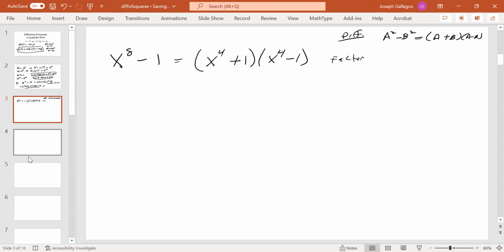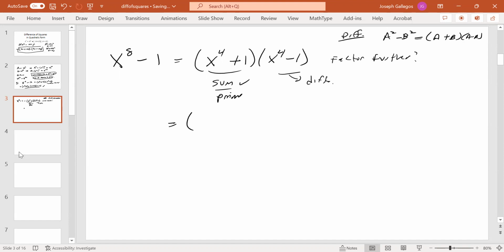Well, x to the 4 plus 1 is a sum, and that stays, it's prime. But x to the 4 minus 1 can factor further. It's the difference of squares, so we're going to factor another step.